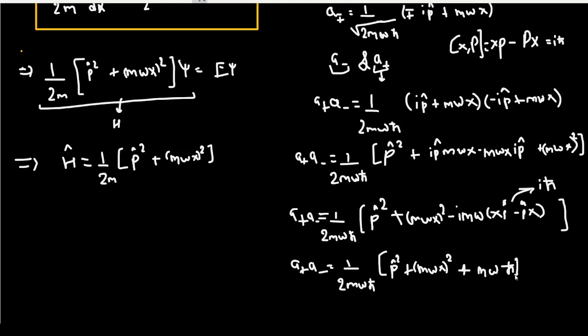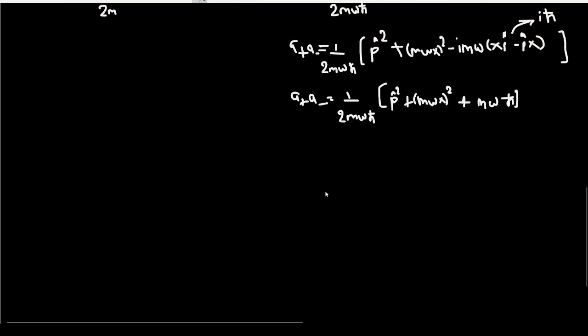And if you can identify this particular expression, 1 over 2m p cap squared plus m omega x squared, it is equal to the Hamiltonian, yes or no? Yes, this expression becomes our Hamiltonian.